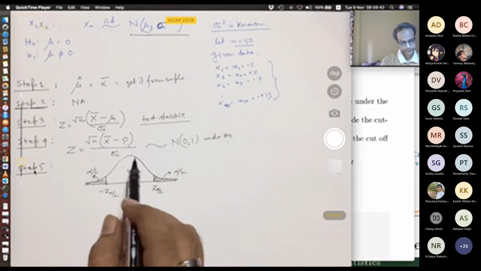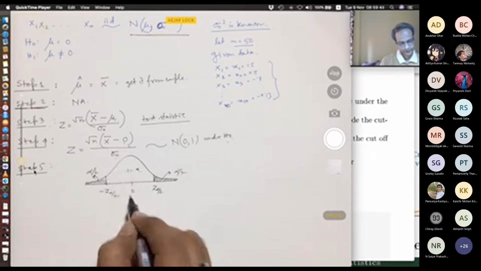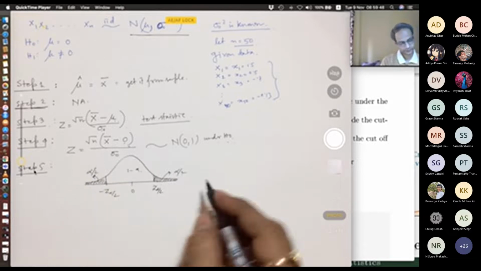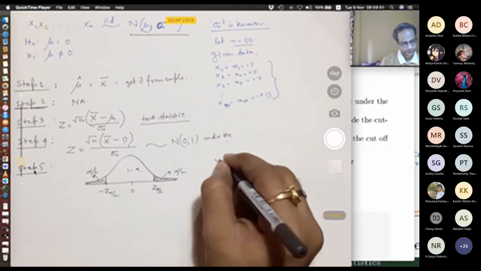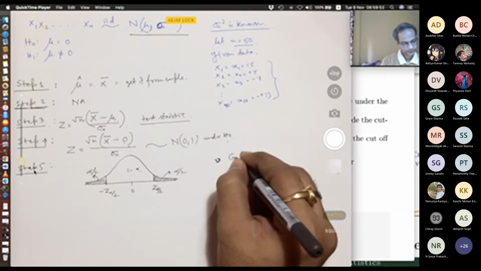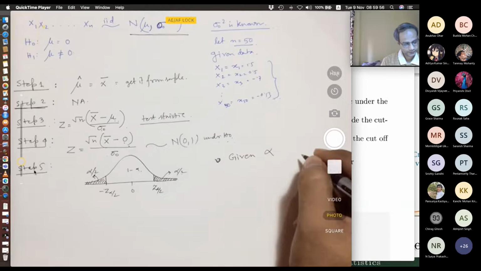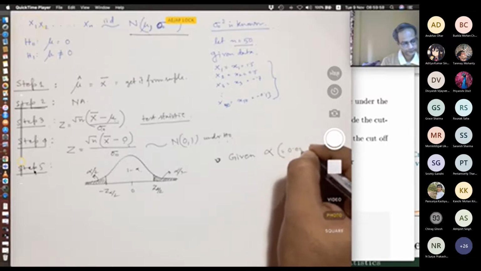So we decide that we reject the null hypothesis, given alpha, say 0.05.